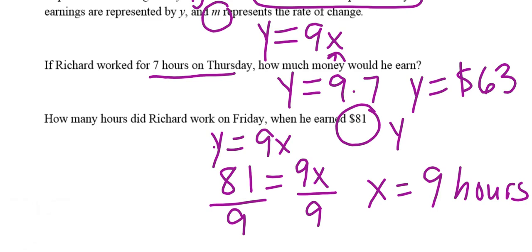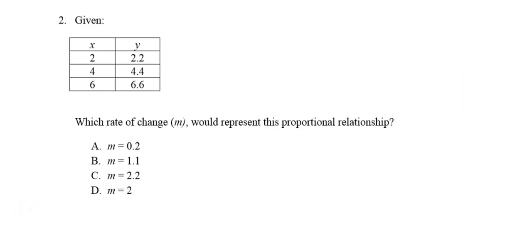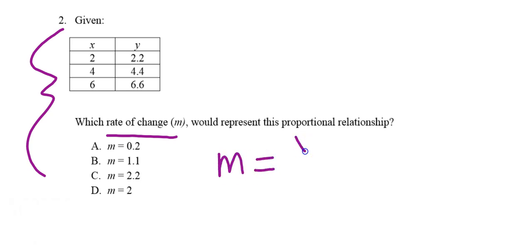So let's keep going. Number 2, we have a table of values, and we're calculating the rate of change. Rate of change in a proportional relationship is found by taking your y value and dividing by your x value, because you're basically looking at what we multiply x by to get y. So we could take any of these values.